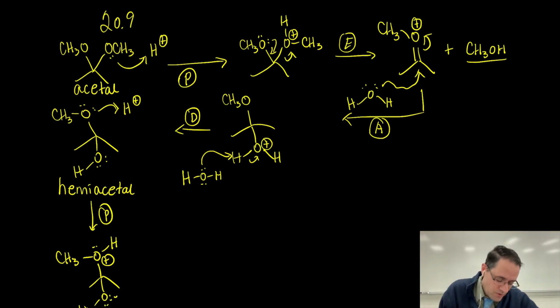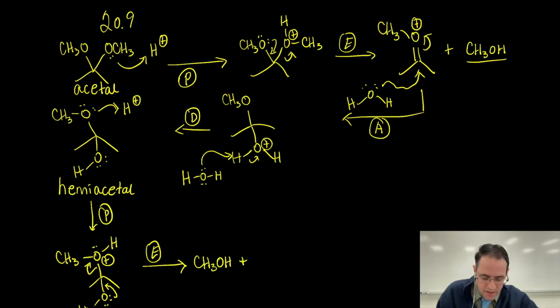So the lone pairs of the OH group are going to assist with the departure, or kicking off, of yet one more molecule of methyl alcohol. I'll draw my ketone upright. You'll notice that there's an OH bond. We can't just remove it and say, oh yeah, we formed acetone. We need to show the very last step here, which is a deprotonation step.